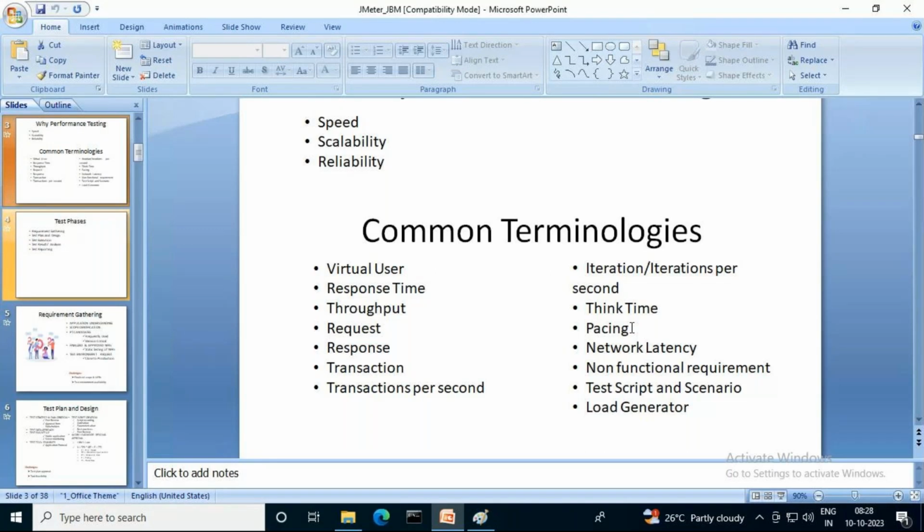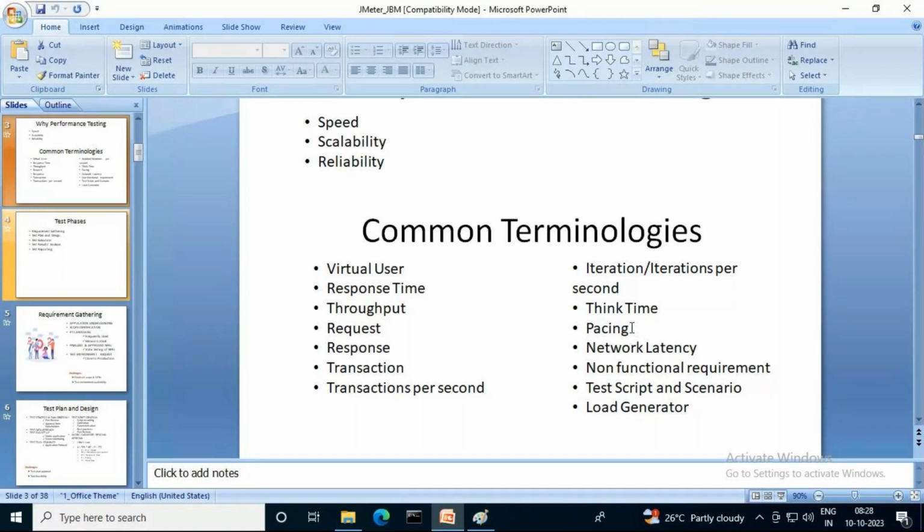As soon as you log in, are you doing the next transaction? As soon as that is completed, are you doing the next transaction again? Anyone? Yes or no? There is some time gap.